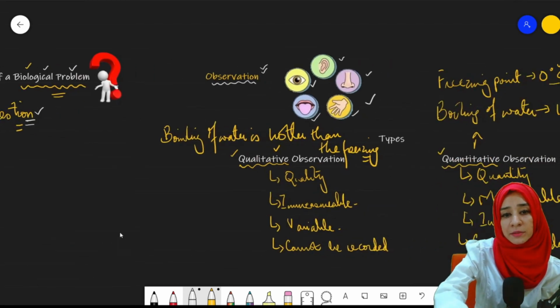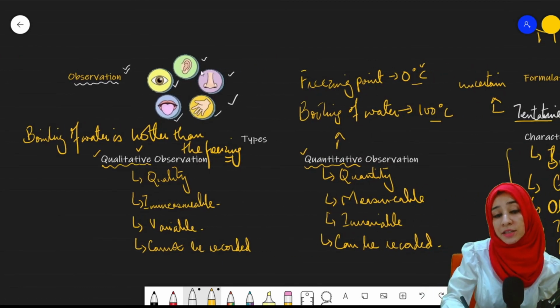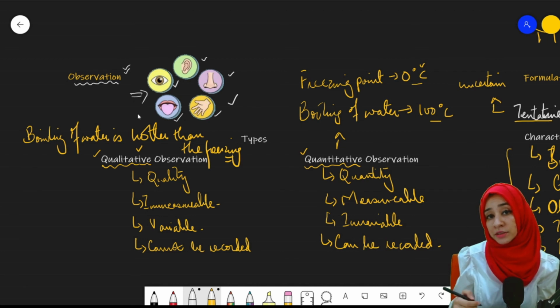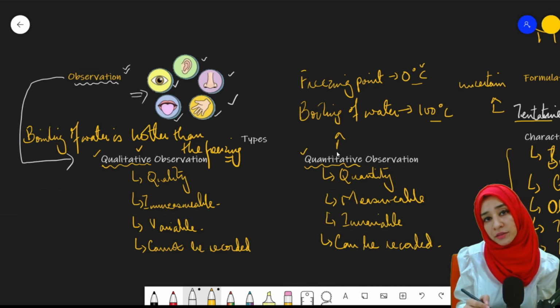Then comes the second step, that is the observation, to observe with the help of our 5 senses, which are hearing, smelling, touch, taste, and vision. From this, we are going to observe the problem, to identify the problem. And these observations are further divided into 2 types, qualitative and quantitative.